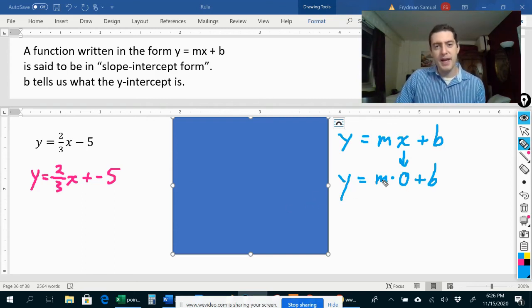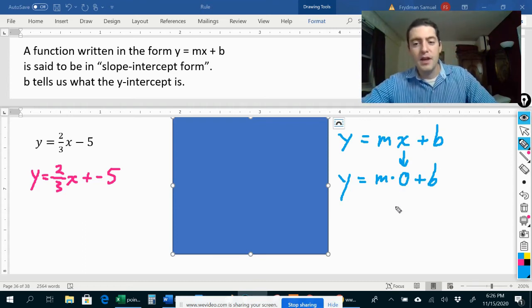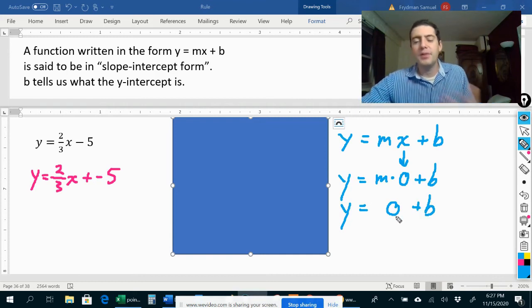Anytime I multiply my m with 0, which is what I'm plugging in for x to find the y-intercept, I would get 0, right? Anything times 0 is 0. So no matter what my m is, this would turn out to be 0, and the rest of my equation would just look like y equals 0 plus b. But 0 plus b, anything plus 0 is just itself, right? So this is just b.